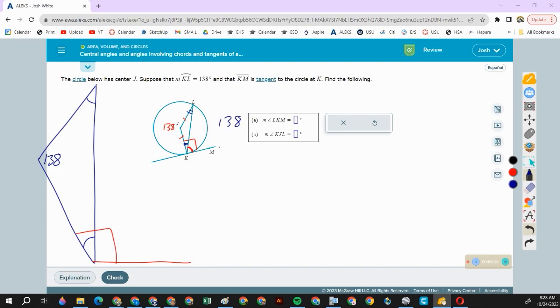So I know the whole triangle is 180. So if we subtract 138 from that, we get 42. So I know there are 42 degrees remaining. And I know that this angle is equal to this angle. So we just cut that in half, and both of those are 21.